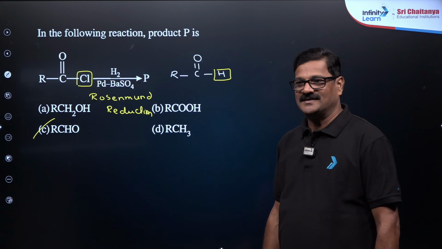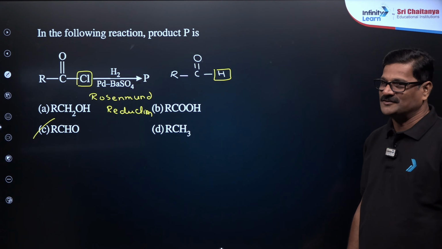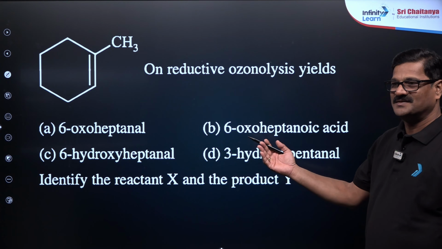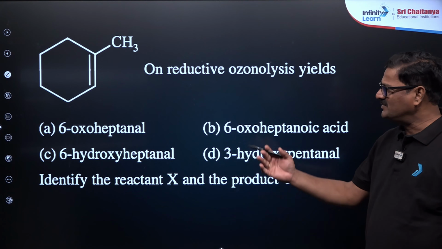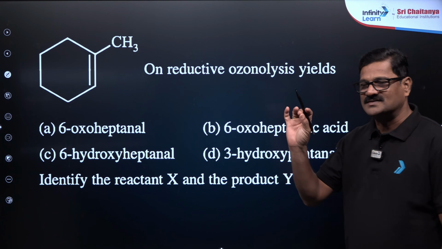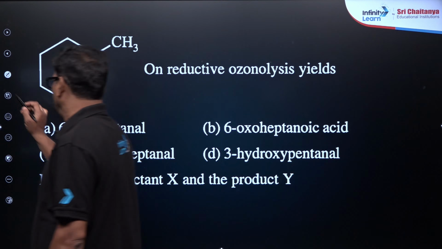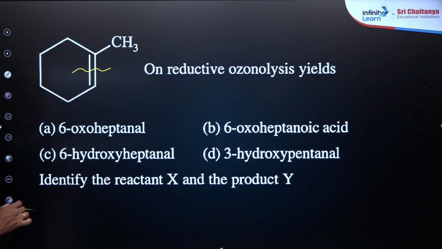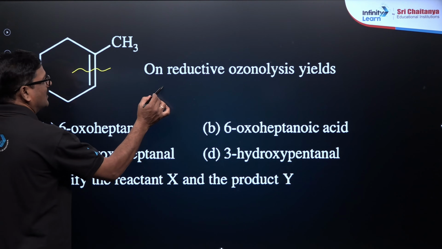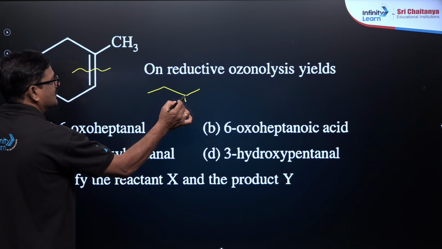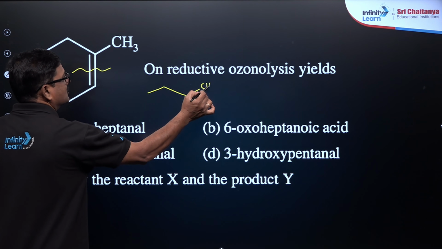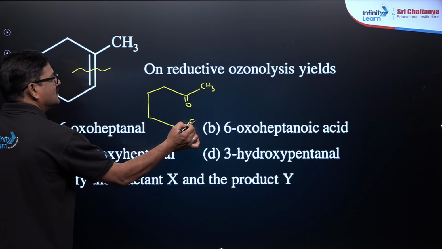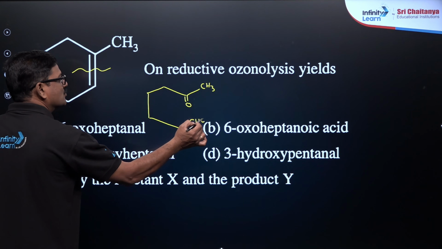Understand? I want to do one more question: on reductive ozonolysis it gives. Ozonolysis simple trick: wherever you want to do ozonolysis, you break the double bond and put oxygen there, so I wanted to make it like this, CH3, C double bond O, CHO.